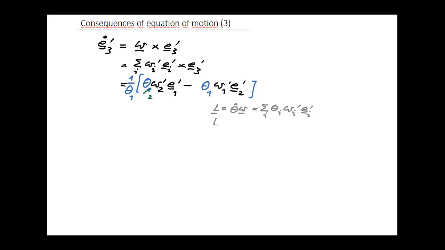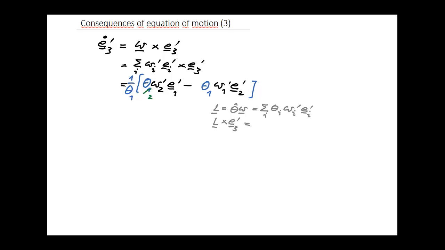Then consider the vector product of L with e3 primed. If for L you use the sum on the previous line, then if i is equal to 1, you get the vector product e1 prime with e3 prime. This gives minus e2 prime. If you have i equal to 2, you get e2 prime vector product e3 prime gives e1 prime.